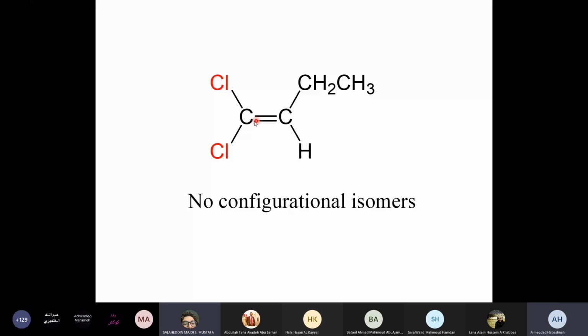One of the carbons is connected to the same group, chlorine and chlorine. So this double bond is not a stereogenic center, and the compound cannot have configurational isomers.